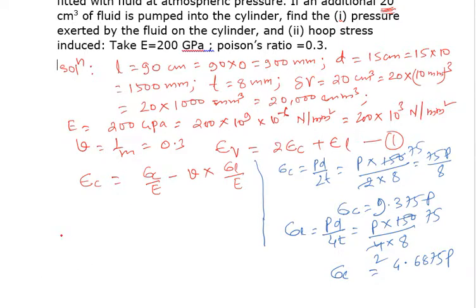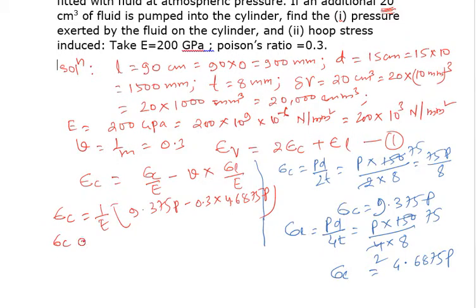Now let's calculate epsilon C. Epsilon C is equal to 1 by E into sigma C, that is 9.375 P, minus 0.3 into 4.6875 P, correct?